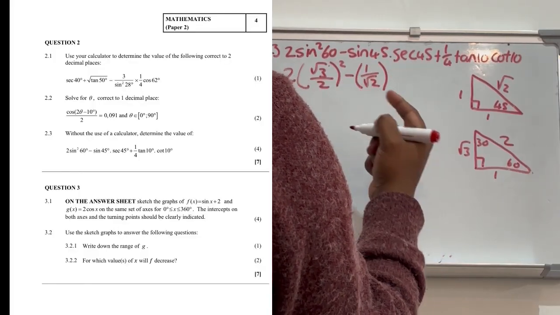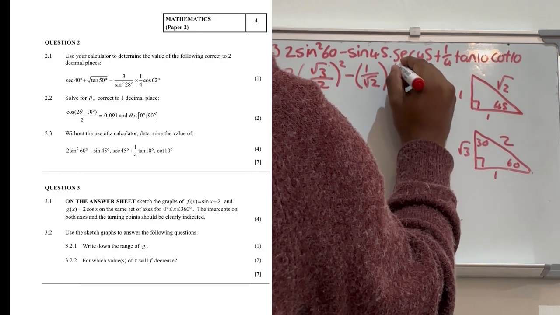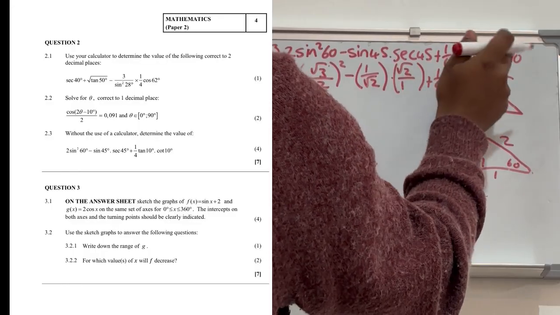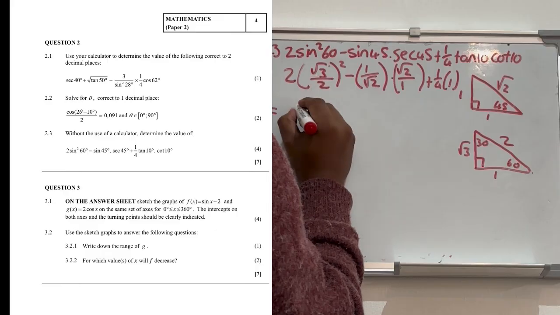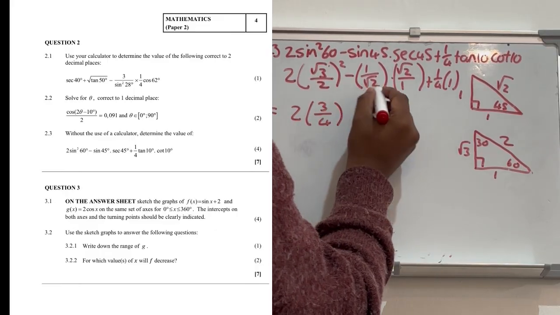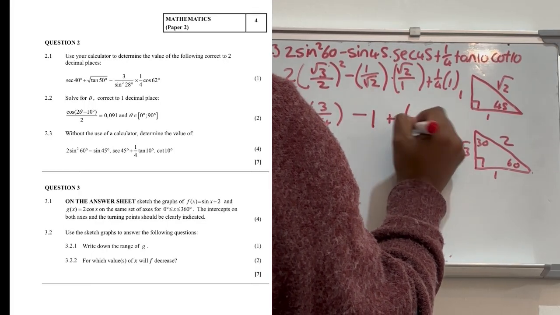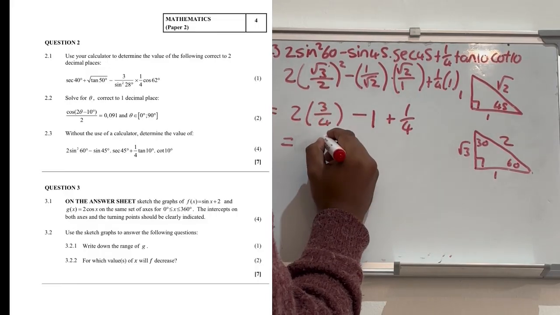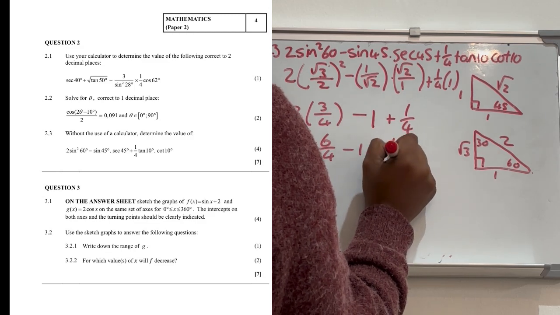Sec is basically 1 over cos, so that is just square root 2 over 1 plus a quarter times 1, because these two basically cancel out. So then we can say this becomes 2 times 3 over 4, and these two just basically cancel out, so that's minus 1 plus a quarter, and then this becomes 6 over 4 minus 1 plus a quarter.